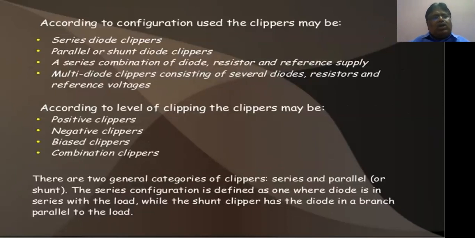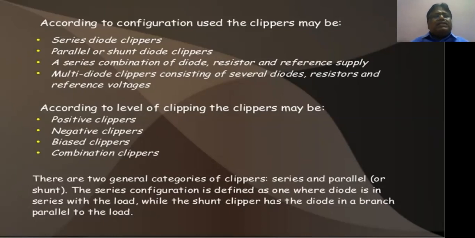Next, according to the configuration used, the clippers may be series diode clippers or parallel or shunt diode clippers. A series combination of diode, resistor and reference supply. Multi-diode clippers consist of several diodes, resistors and reference voltage. Here, series clippers and parallel clippers.